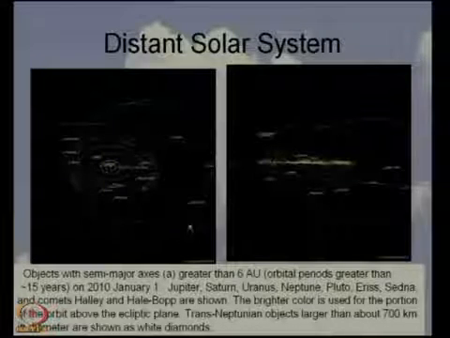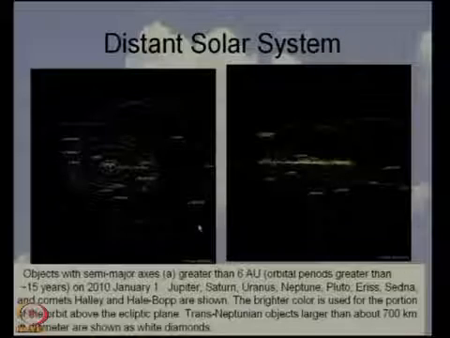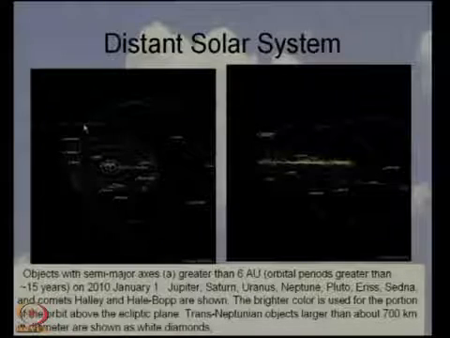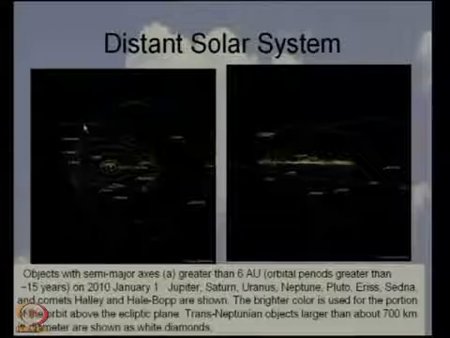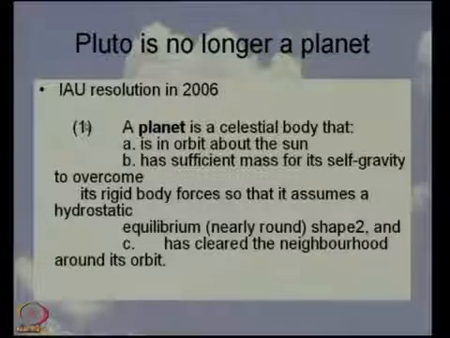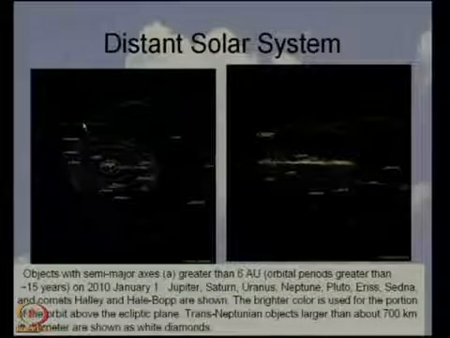These are very large orbits. So, this is one of them. The point here is that once you go beyond Neptune, you find that there are a large number of objects.